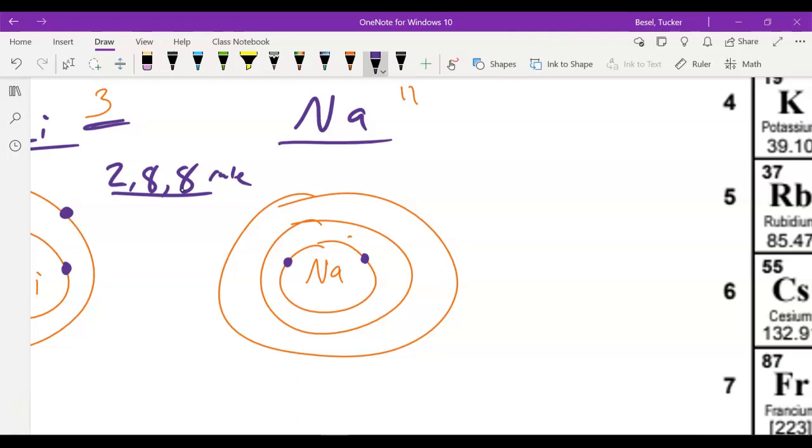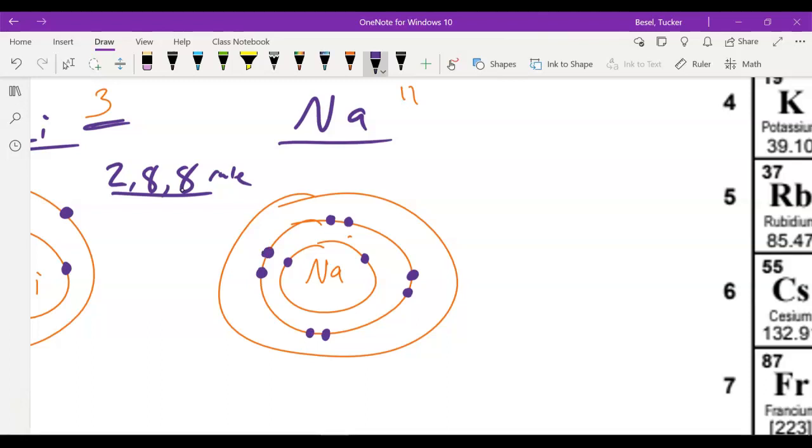So I've got 2, 3, 4, 5, 6. And remember, once I have 4 in an energy level, that's when they're going to start pairing up. So I've got 1, 2, 3, 4, 5, 6, and then 7, 8, 9, 10.